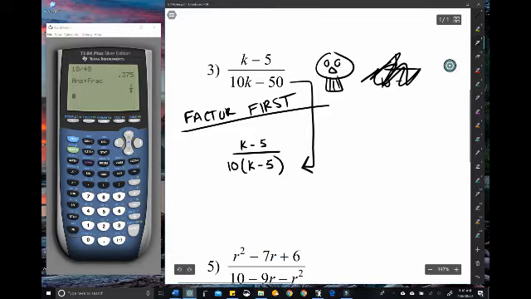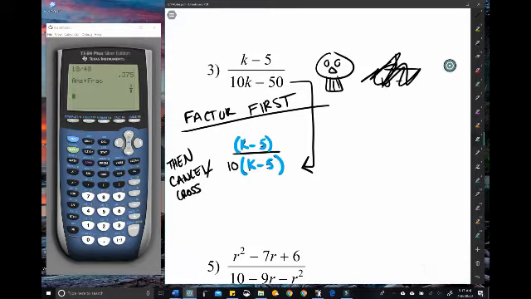Okay, now, then we can cancel. Then cancel, or cross out. And what we can do is take these entire bits and cross them out. So only if it's being shared by the numerator and denominator can you cancel them both out.